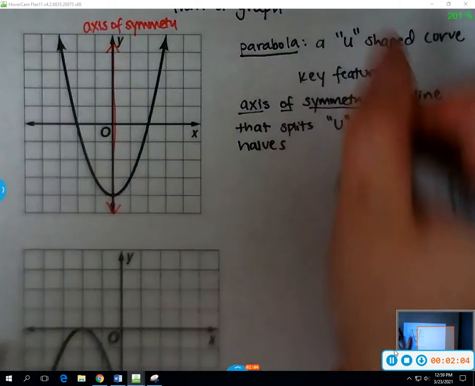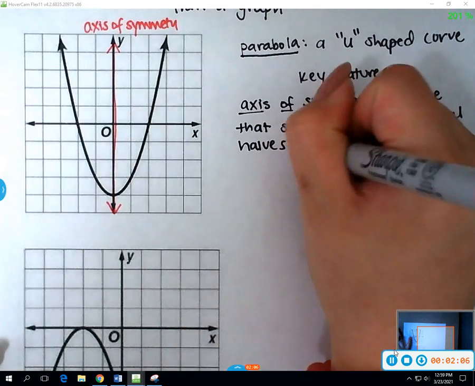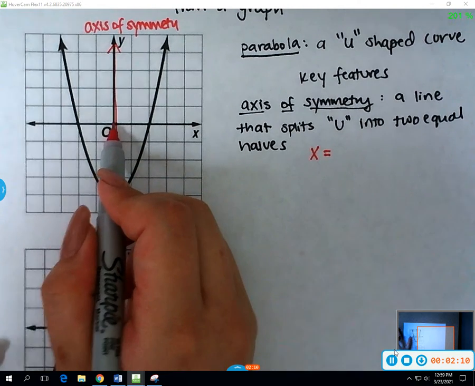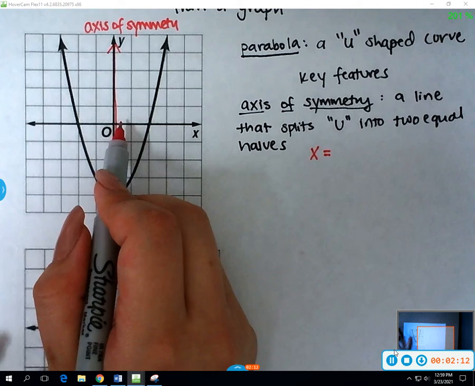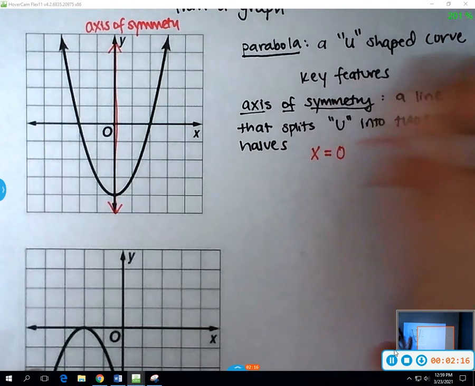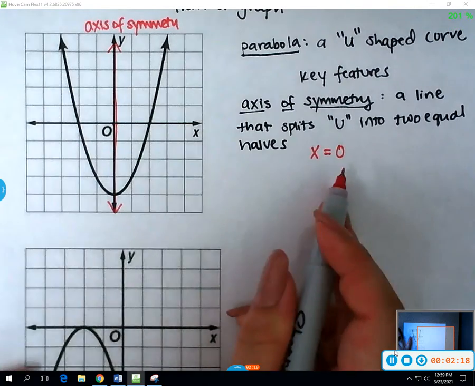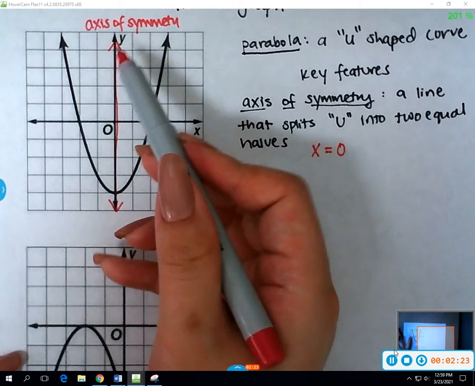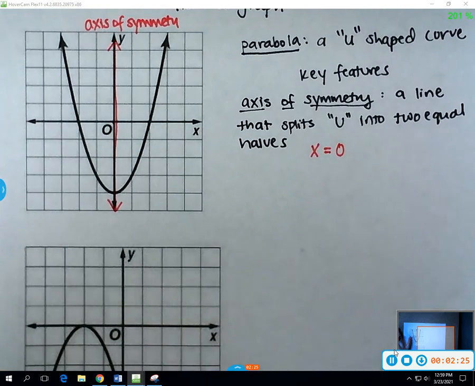The equation, if it is a vertical line, will be written as x equals whatever number it crosses through on the x-axis. So in this case, this x value is 0. So our axis of symmetry equation is x equals 0. This is an equation that describes the pink line that we drew right here on the graph.